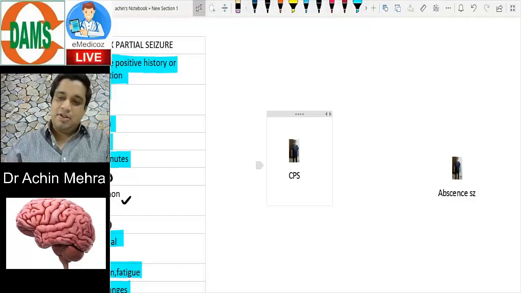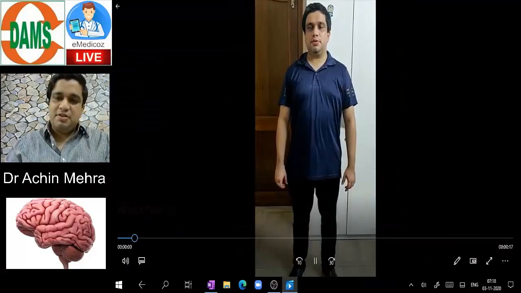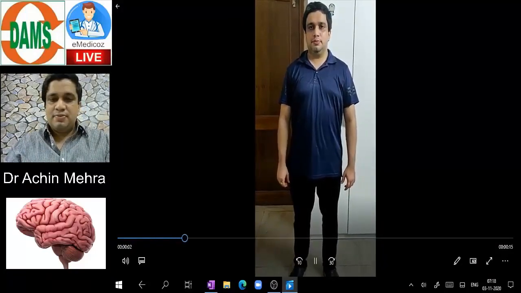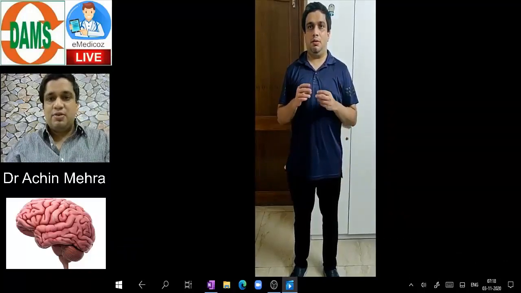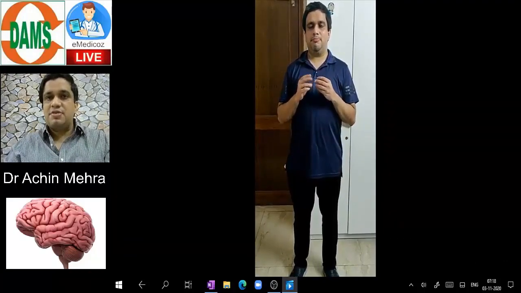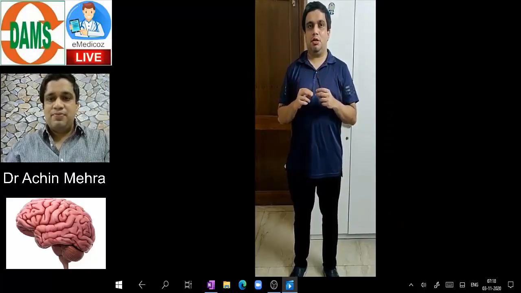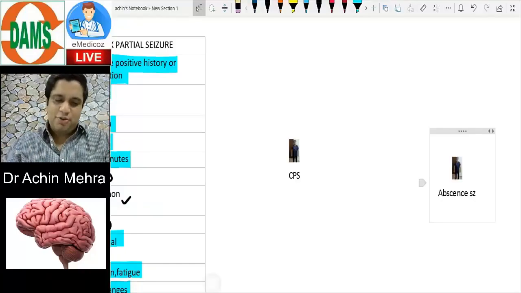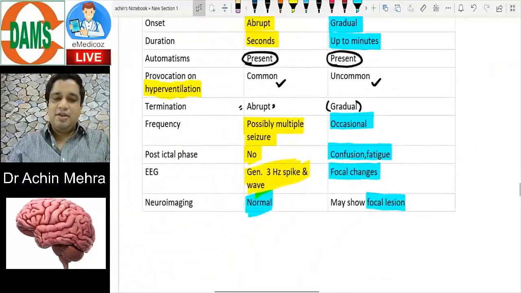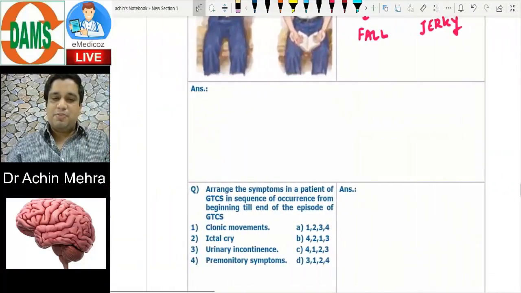Simple. Now the absence seizure patient will hyperventilate, go into a trance phase with some subtle motor signs, and most important, post-ictally nothing is wrong with him, all is well. So that's a case of absence seizure and a complex partial seizure.